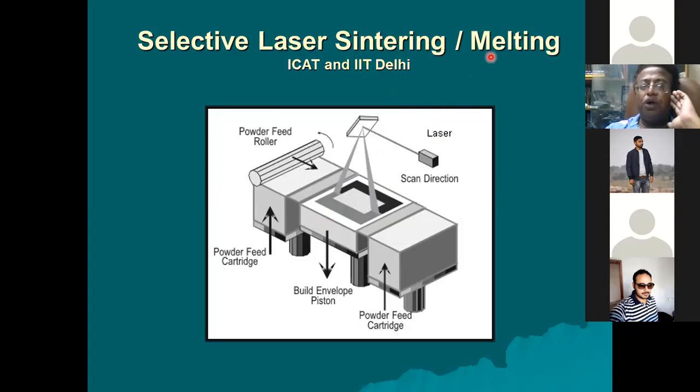But if you want to do melting, the temperature starts from 600, 700 degrees Celsius, and it depends on the material. If you want to deposit stainless steel, you have to go up to 1100 degrees Celsius. If you want to deposit some other material like titanium, you have to go up to 1300 degrees Celsius. So the two machines cannot be the same, correct? But the principle is similar.